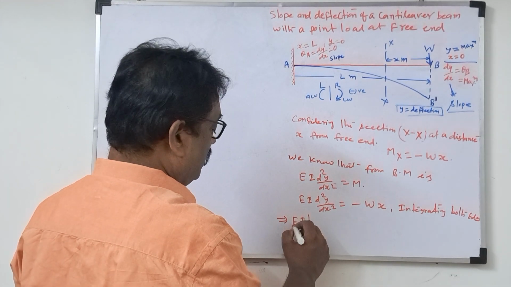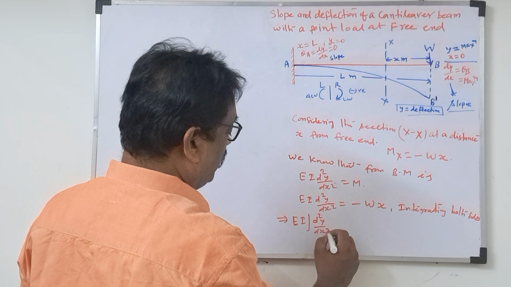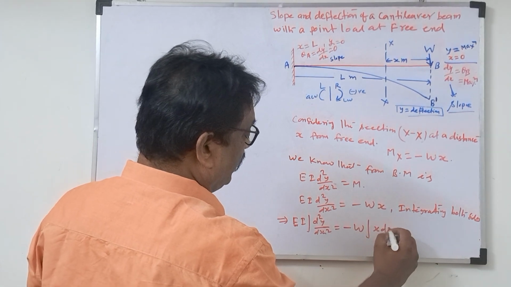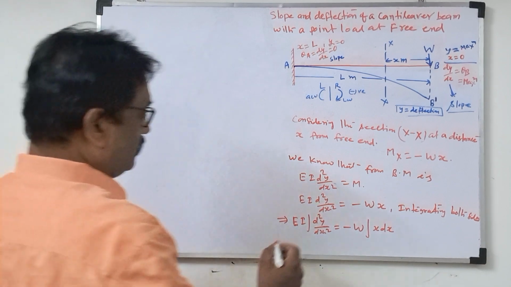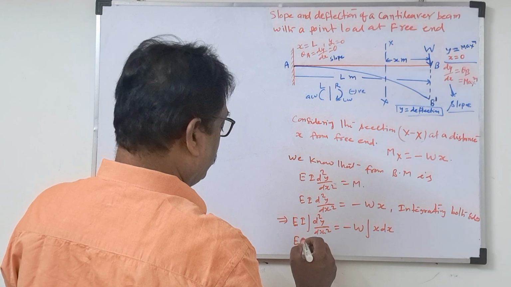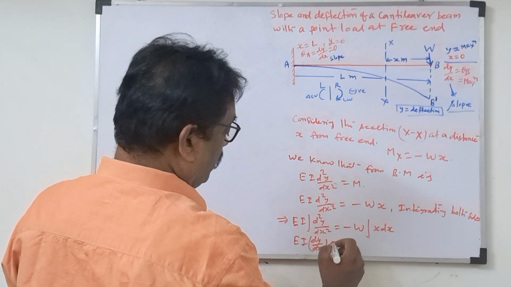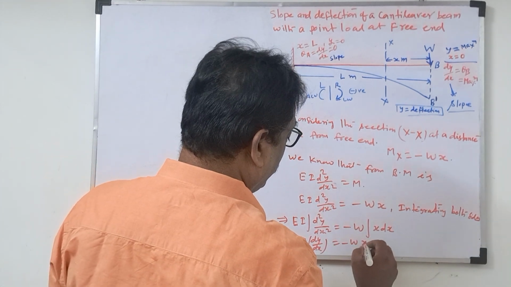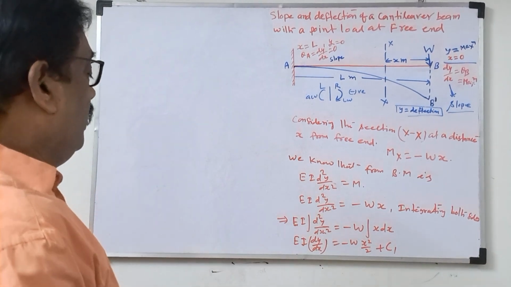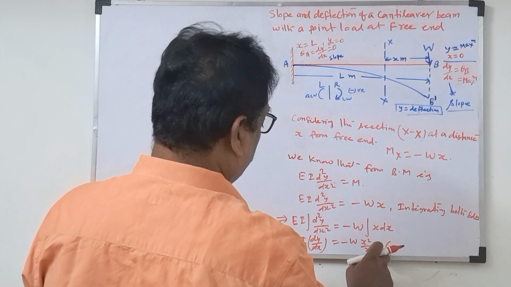EI d square y by dx square equals minus Wx. Integrating, we get EI dy by dx equals minus W x square by 2 plus some constant C1, because this is an indefinite integral. Now we have to find C1.